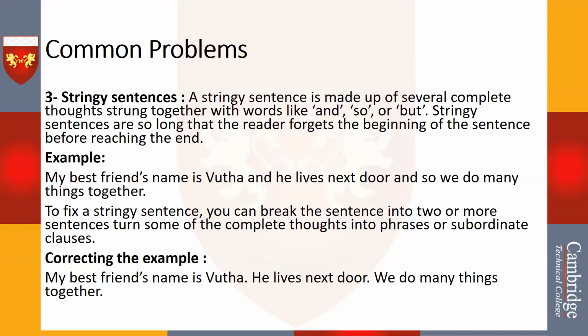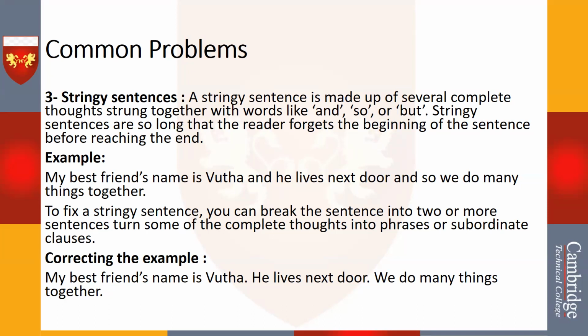For example, my best friend's name is Buddha and he lives next door, and so we do many things together. So there are many and here. Instead of saying this, you can break the sentence into two or more sentences, turn some of the complete thoughts into phrases or subordinate clauses.